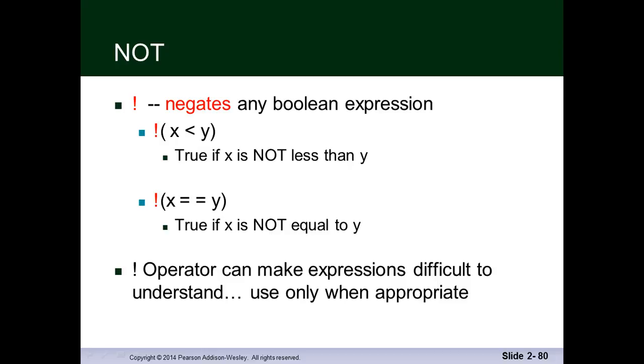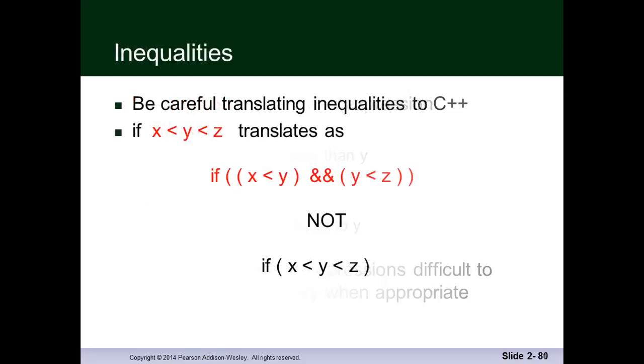But this is very confusing, and I don't recommend that you use it in your programs unless it's the only choice that you have. If not, try to use the and and the or. Why would you want to contradict what you're saying in your code? That's why it's only used on very specific occasions.